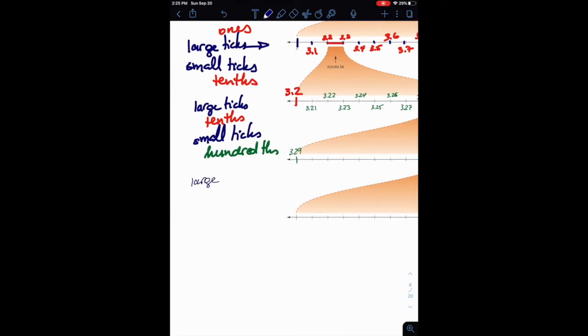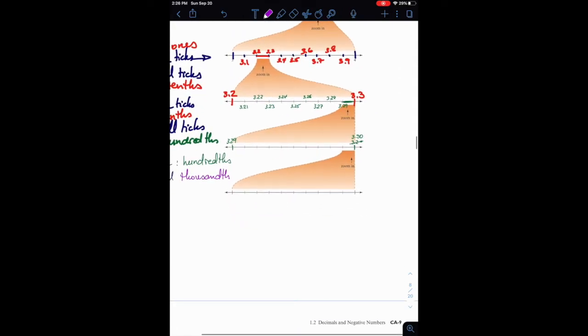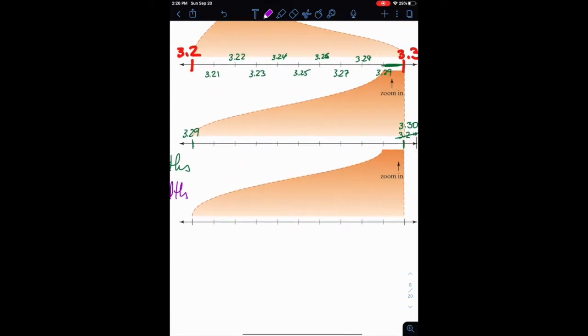Large, small. On this, we're going to have hundredths for the large, thousandths for the small. So let's try to label them. 3 wholes, 29 hundredths, and 1 thousandth. 3 wholes, 29 hundredths, and 2 thousandths. 3 wholes, 29 hundredths, and 3 thousandths.